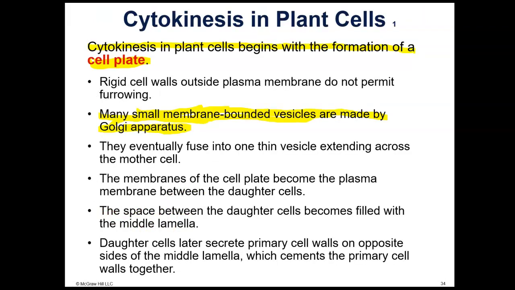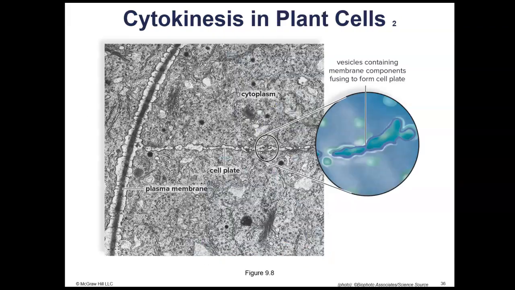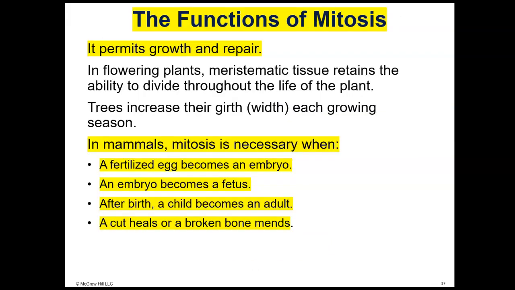And in plant cells, it begins with the formation of a cell plate. The cell plate is formed by many small membrane-bounded vesicles that are made by the Golgi apparatus. They will fuse together to form the cell plate. So this is an image of cytokinesis in animal cells, and then cytokinesis in plant cells.